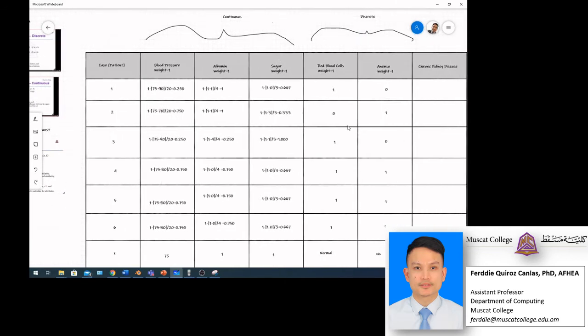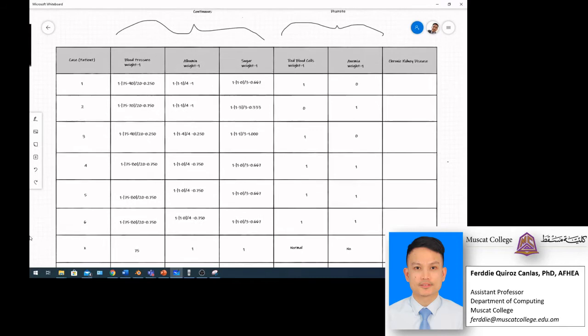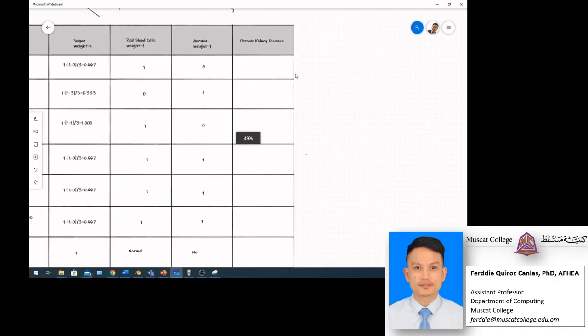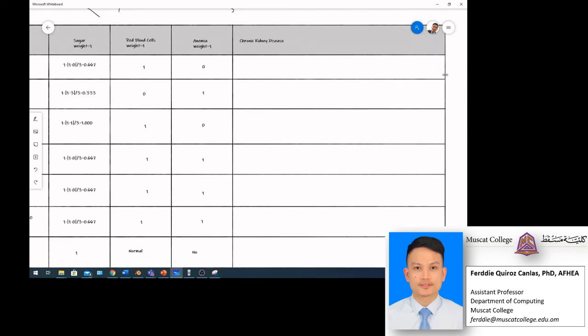It's useless to multiply them by the weight because they're all using 1. So we could just simply summarize the calculation here. Let me just resize this. So let's go with the global similarity, and write in here global similarity.